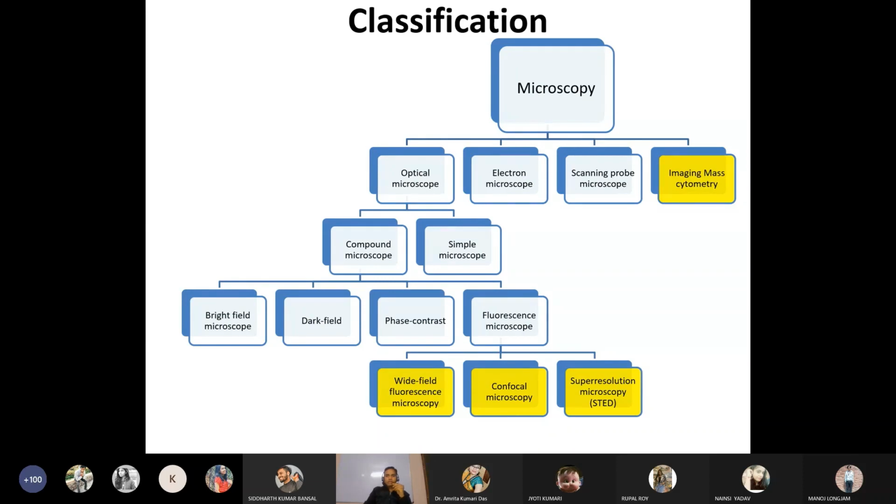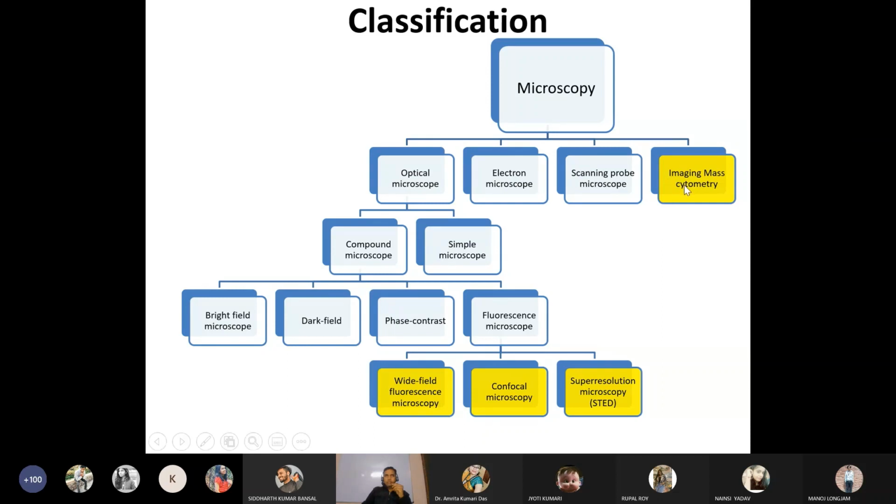So I should not go into all the details of this microscopy, like optical microscope, electron microscope, scanning probe microscope, and imaging mass cytometry. Why I have put it in another category apart from these three categories is this mass cytometry is not a true microscopy.